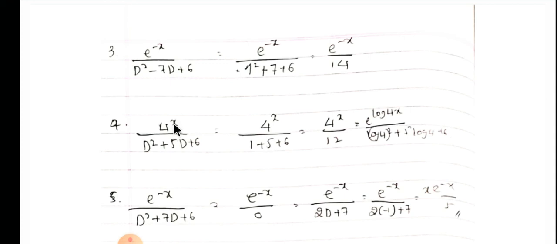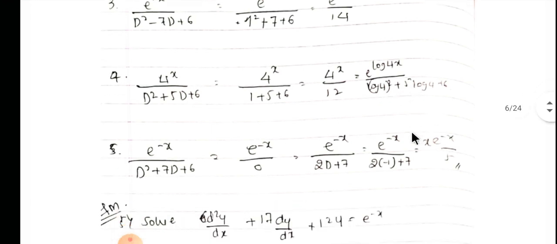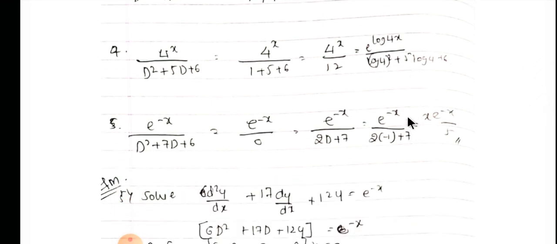Here the exponential term e is not there, therefore I will write it as e to the power log 4x. Whatever the coefficient of x is there, that is substituted as d. Rest all the procedure is the same.